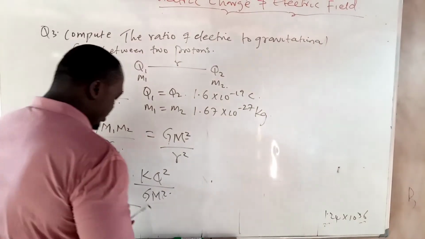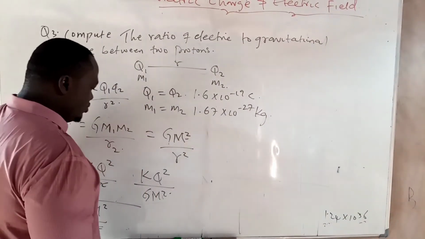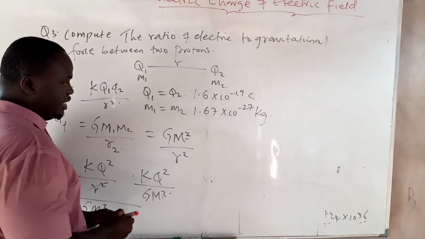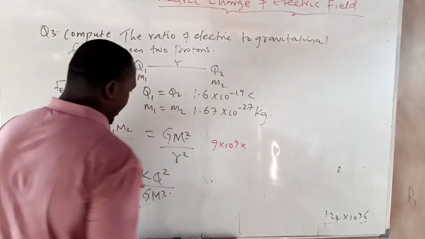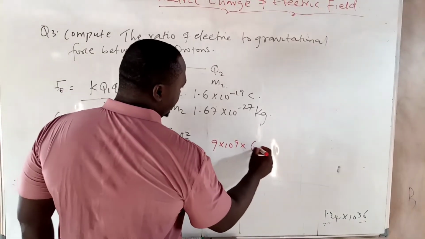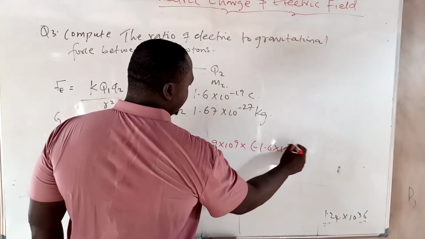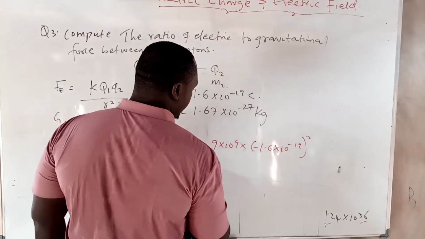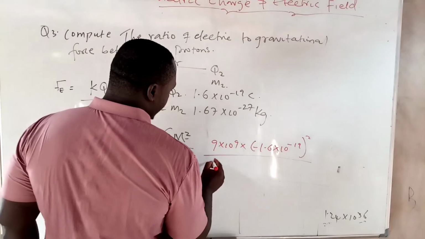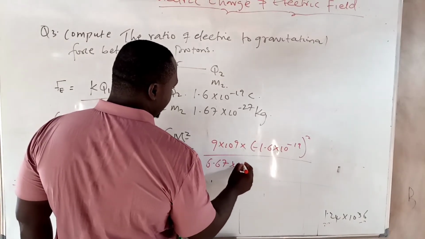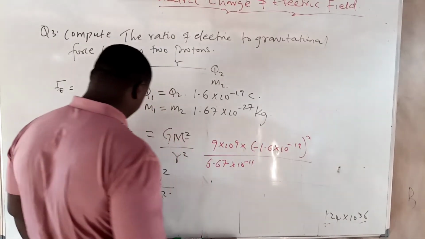Now inserting this formula, K is a constant, which is 9 times 10 to the power of 9, times the charge of an electron, 1.6 times 10 to the power of minus 19. Remember, it's all in square. This is the gravitational constant, 6.67 times 10 to the power of minus 11.